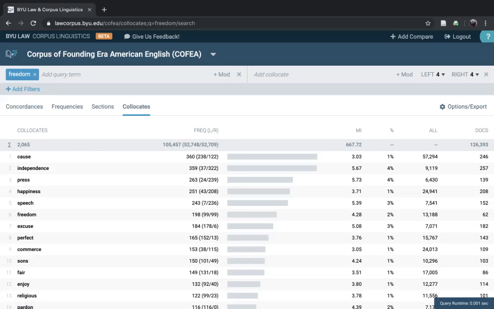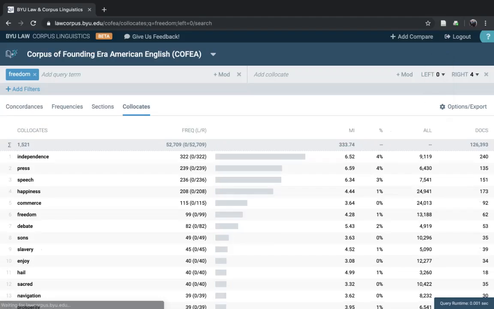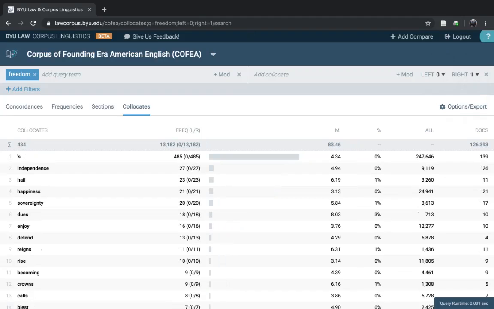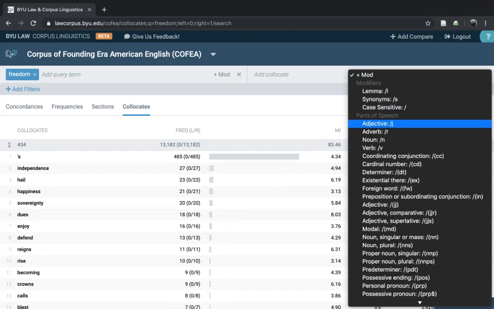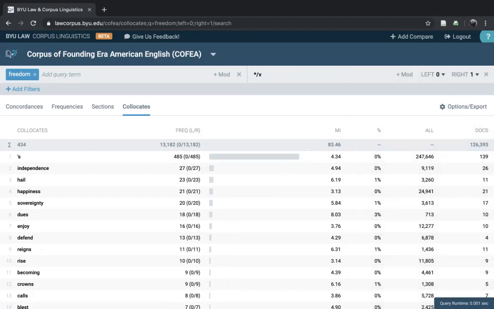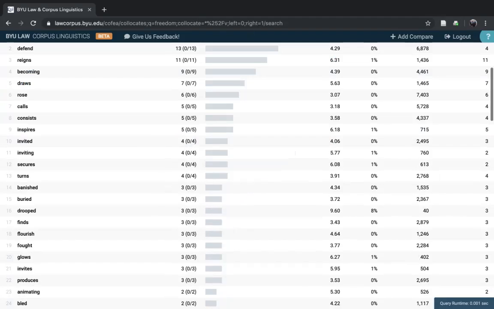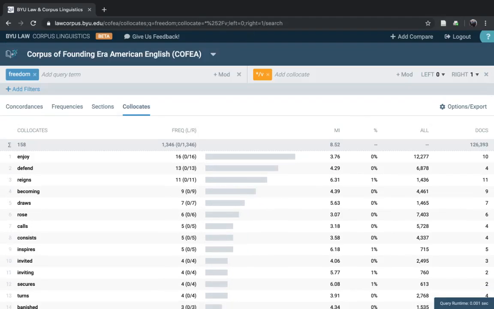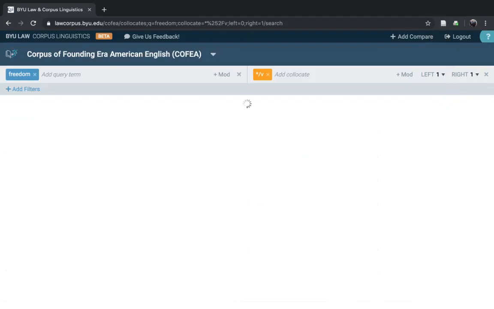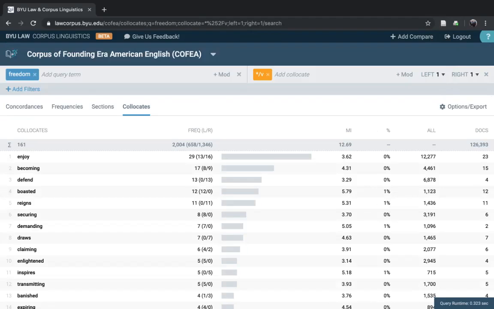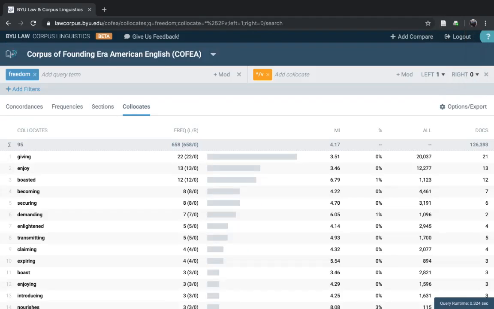But maybe we're only interested in freedom and then moving to the right, and we want just the next word, so the one word to the right, and maybe we only want to see, let's say, verbs that follow freedom. We can do that. Maybe we want to see verbs on either side of freedom, or just verbs to the left. Collocate searches allow us to do all of those things.